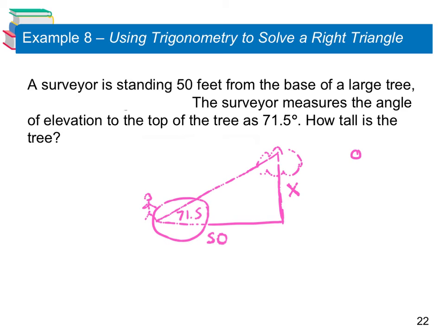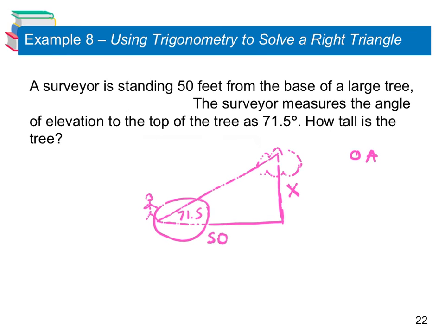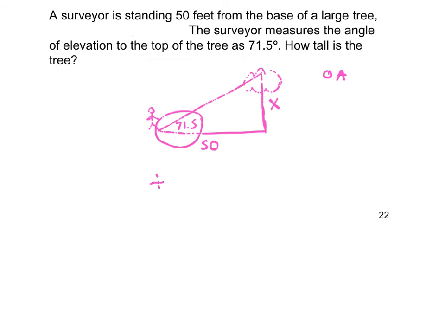Tangent. So we could say tangent of theta, which is 71.5, is equal to opposite, which is x, over adjacent, which is 50. And now we solve for x. So we would just put tangent of 71.5 in our calculator.